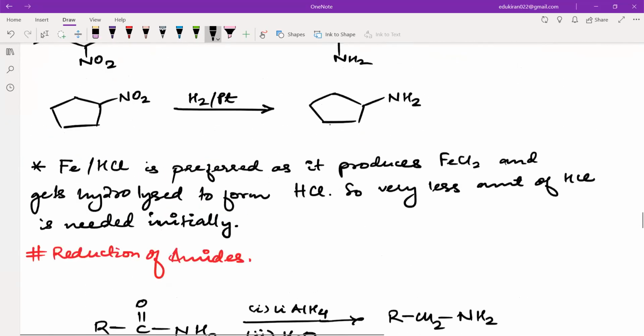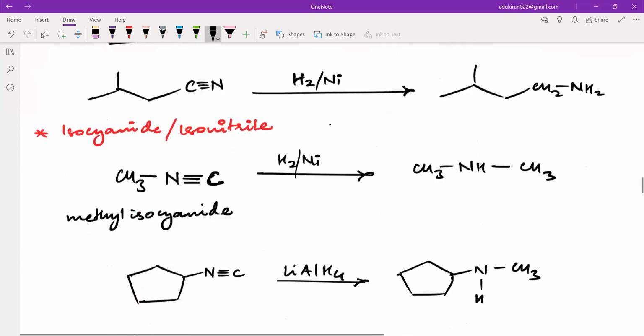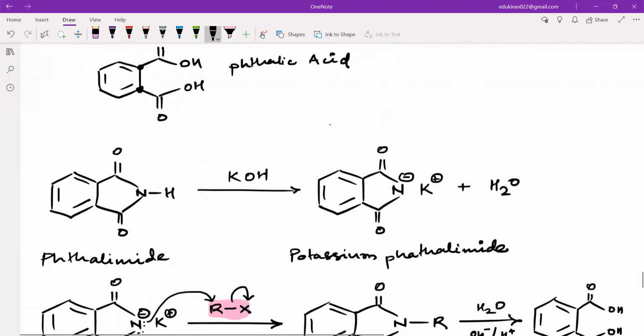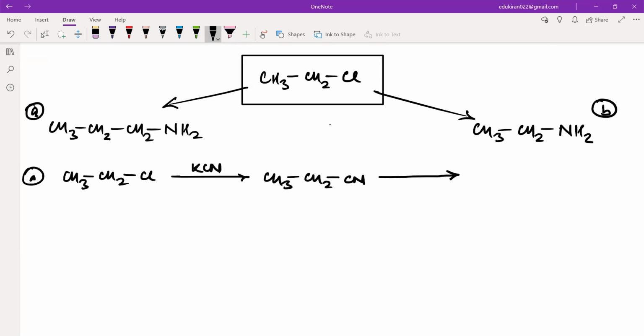Reaction with H2 and Pt. H2 in the presence of palladium, nickel, Pt, है ना? So H2, Pt, you will get CH3CH2CH2NH2.